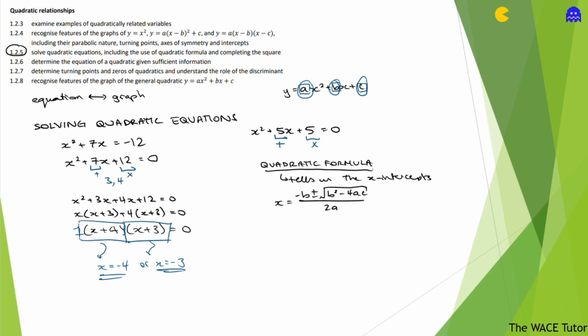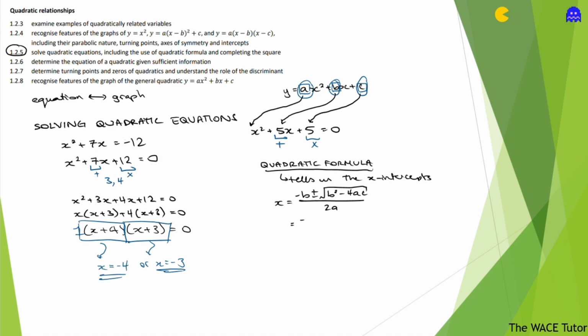As you deal with the quadratic formula more and more, you'll develop a bit of an intuitive understanding of how it works as well. It does get easier to deal with, and at some point you will be able to memorize this. So what your b is equal to in this case is 5. The b corresponds to the 5, the a corresponds to 1, and the c corresponds to 5.